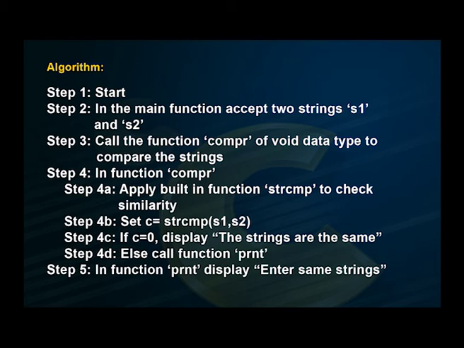Step 4b, set c equal to strcmp(s1, s2). Step 4c, if c equal to 0, display the strings are the same. Step 4d, else call function prnt. Step 5, in function prnt, display enter same strings.